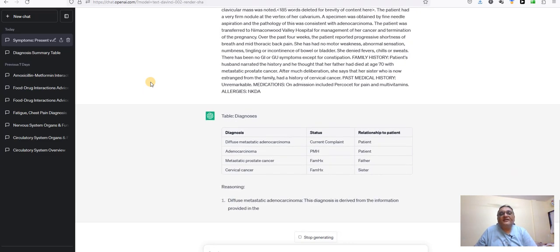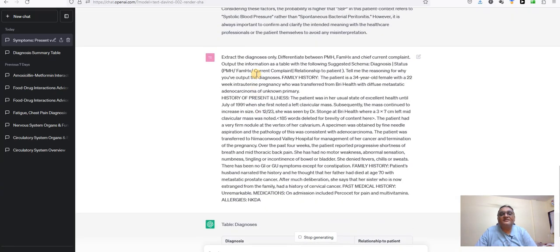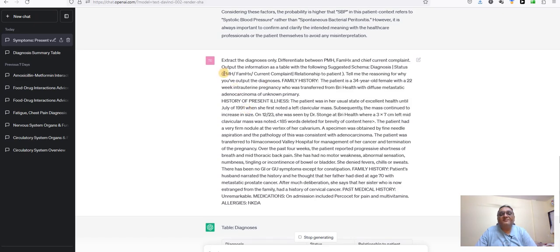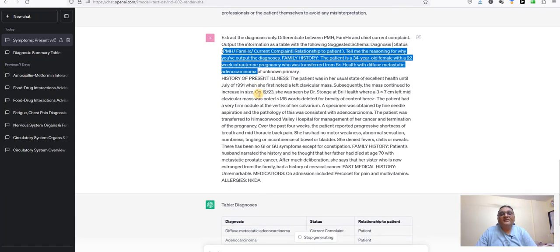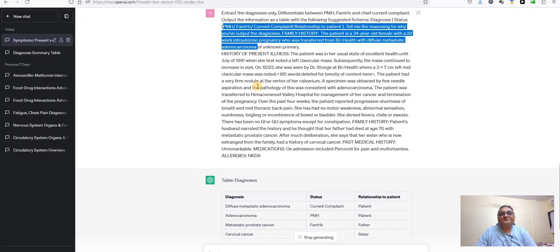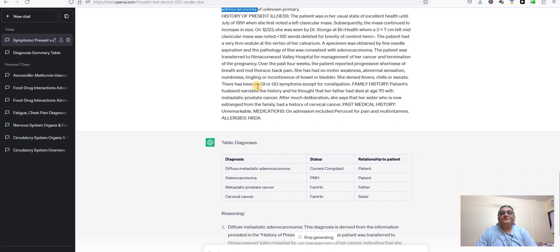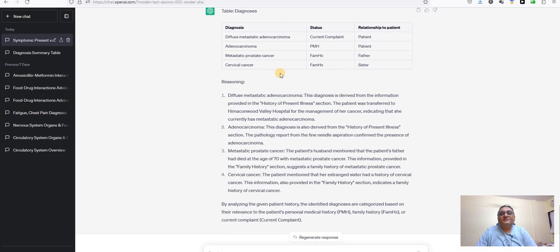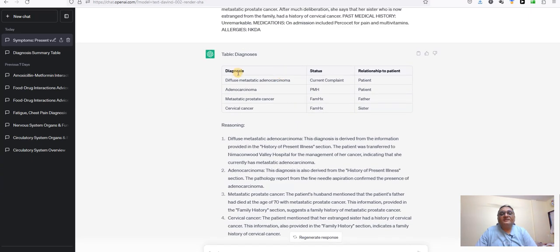Now you can see that it has comprehended the history which was written in many standard jargon formats, PMH and PharmHX and all that, plus medical terminology, but still it could come up with a diagnosis, current complaint, and relationship to patient.